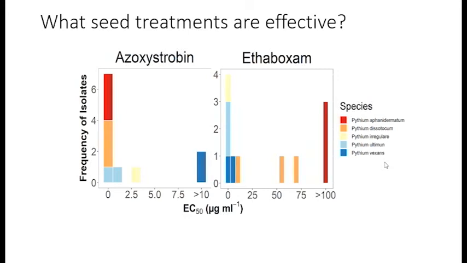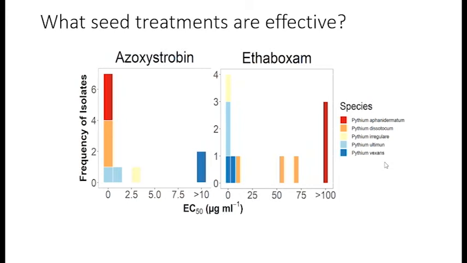So for example, here I'm just showing that one isolate of Pythium ultimum requires a very low dose, almost close to zero. It's not zero, but it's just because I'm contracting the figure here, it's showing a zero. A very low dose of azoxystrobin is enough to stop that Pythium ultimum. And another strain just needs a little bit more.